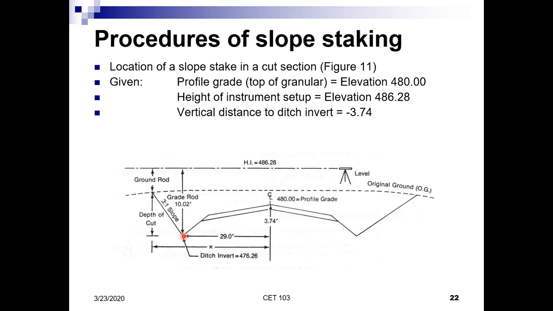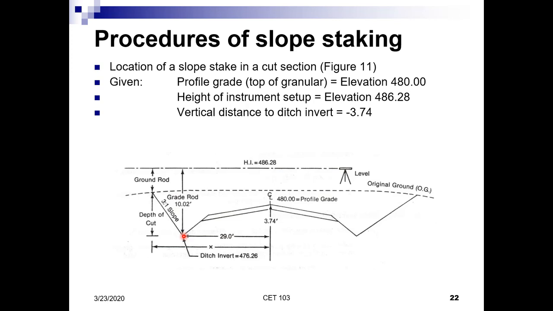Now, as you move on to the next slide, I am going to leave it on this slide and explain the next slide. On the next slide, you will see that the ditch invert elevation is 480 minus the 3.74. This leaves us with a ditch line elevation of 476.26.